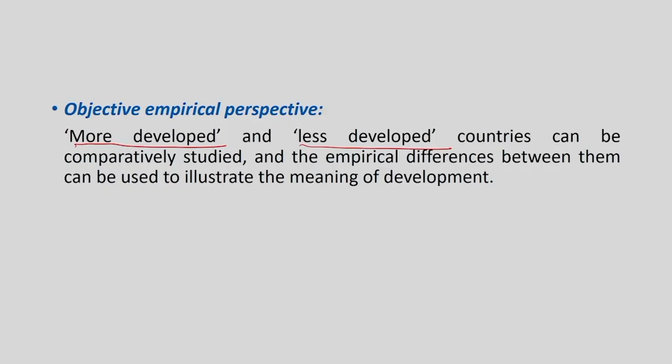And the objective empirical perspective suggests that more developed and less developed countries constitute some kind of binary, some kind of dichotomy, on the basis of certain empirical differences.